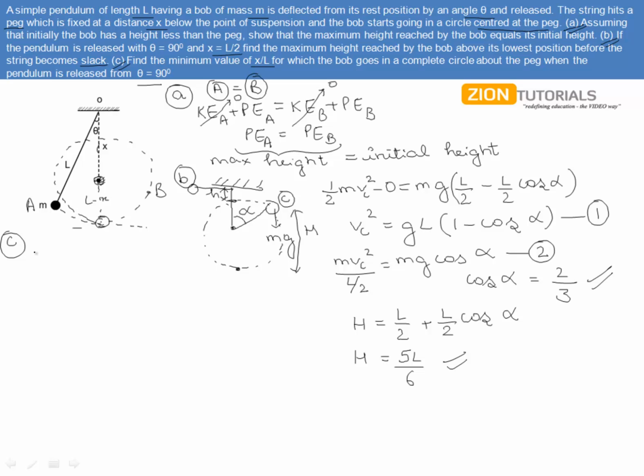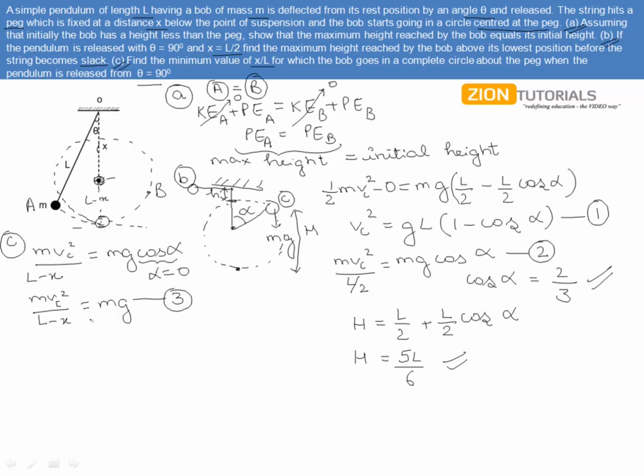So writing the equation, the centripetal force being m v squared by r, and the r will be L minus x, because this is the radius, equal to mg cos alpha. Now here alpha is 0, so cos alpha is 1, giving us the equation m Vc squared over L minus x equal to mg, and marking it as equation number 3.